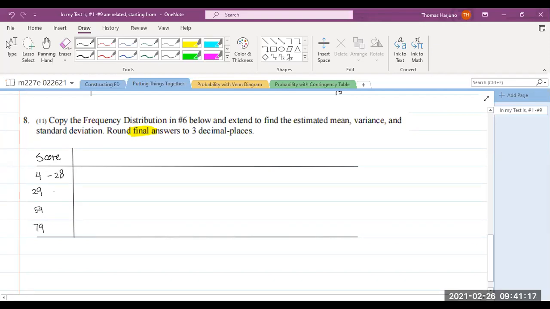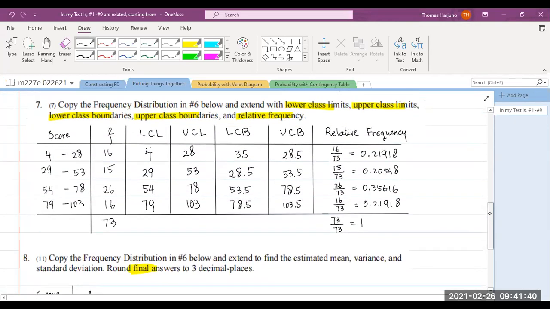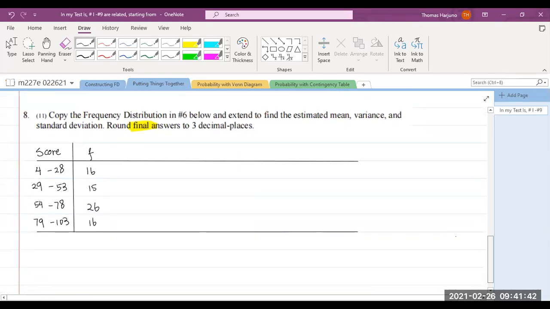Upper class limit. And then the frequency, that's 16, 15. I remember that's 16 here. That's 26 here. Let me check just to make sure. Yeah. So therefore, I get 73.